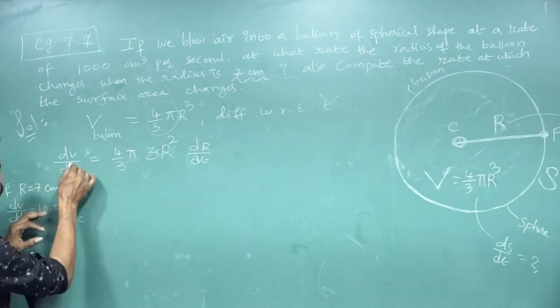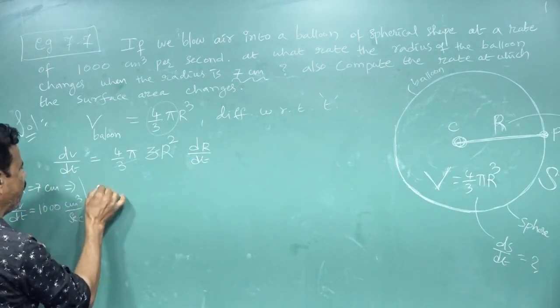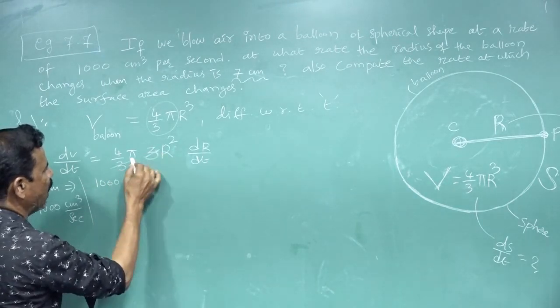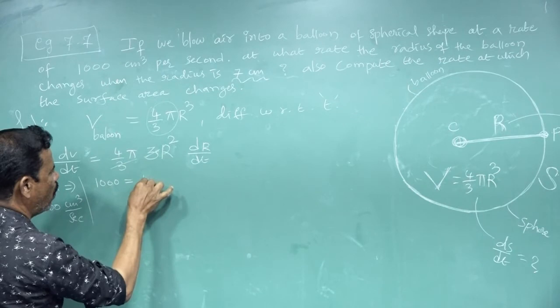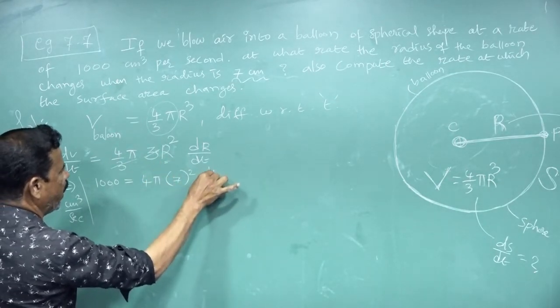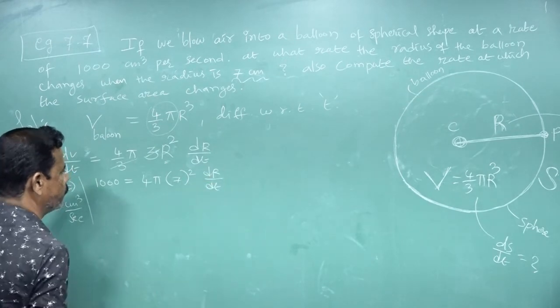This value we substitute here. dV/dt is 1000, equal to 4π r², where the 3 is cancelled. This r² is 7² into dr/dt.